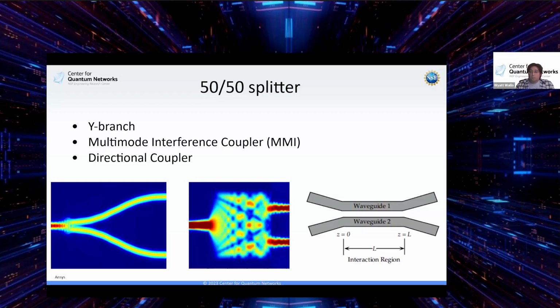So when you bring two waveguides together, power starts moving from one to the other, and the longer you keep them together, more power leaches over. And that's where, when you have this region, you need to optimize what that length is if you want a 50-50 splitter. Because if they keep going, all the power leaches from waveguide 1 to waveguide 2, and now waveguide 2 has all the power. If the region's longer, then the power goes back.